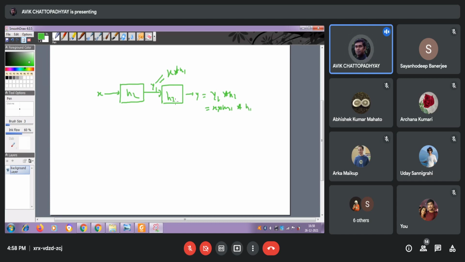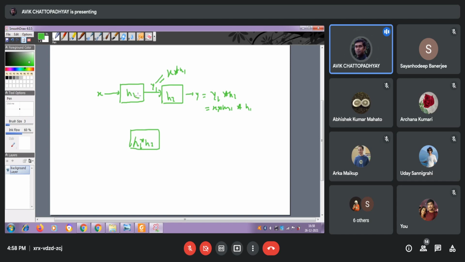Now instead of using these two in cascade, what can you do? You can use one single system whose impulse response is the convolution of h1 and h2. So this cascade interconnection of LTI systems can equivalently be drawn like this.